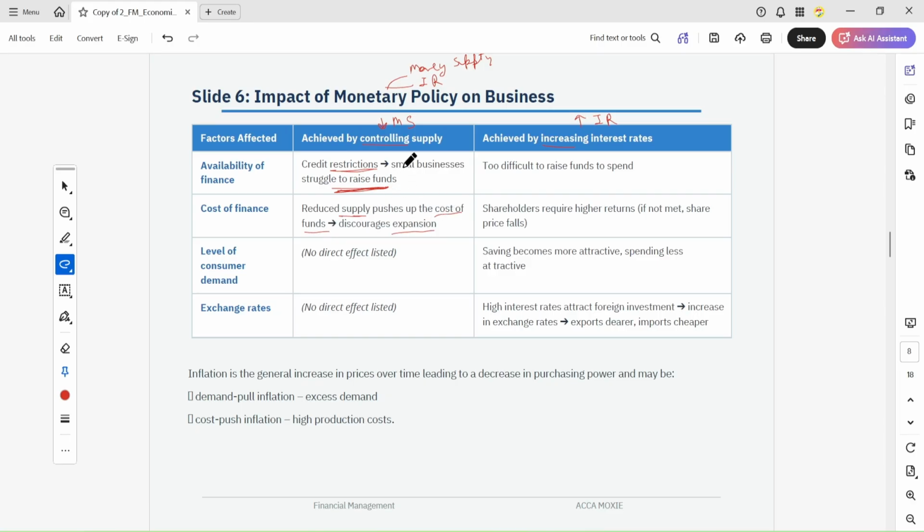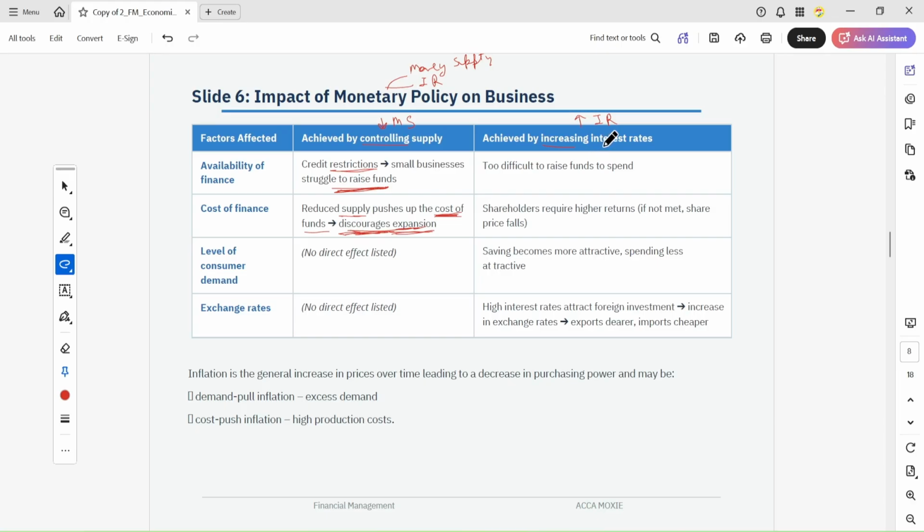If you have limited supply in the economy, the limited things become expensive. So this definitely means if someone wants to borrow money for investment, that borrowing will be costly. If the borrowing cost increases, the companies will discourage expansion or investment. So this is the impact.